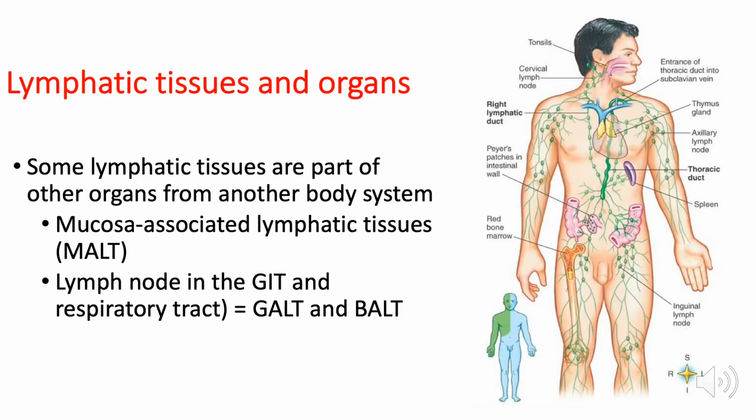So I want you to take a look at this group of lymphatic tissues here that are found in the appendix. Appendix is part of the digestive system, but there are lymphatic tissues found in the appendix. Therefore, these lymphatic tissues will now be referred to as mucosa-associated lymphatic tissues.